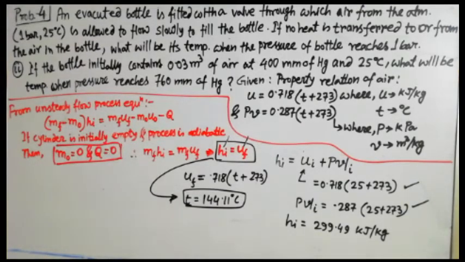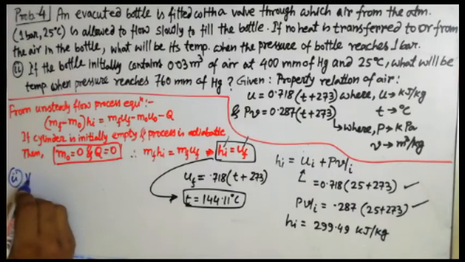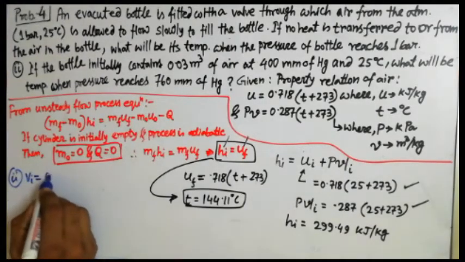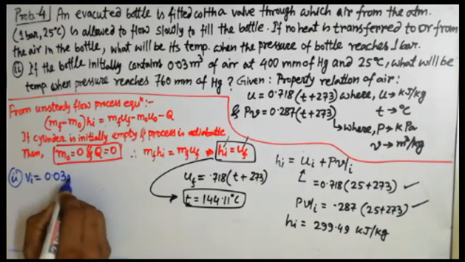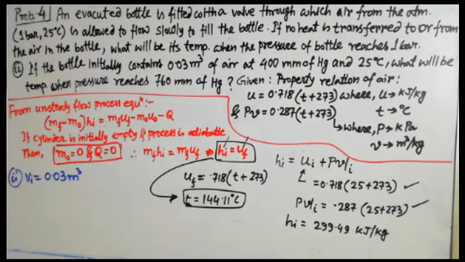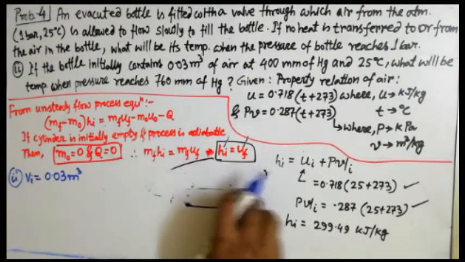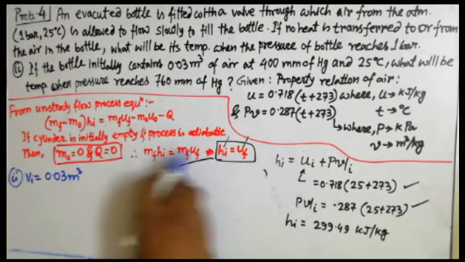Okay, now part 2. While solving this, the bottle is not empty. In the part 2 problem, initially some gas is there. It is not gas, it is basically air, stored at a definite pressure and temperature.